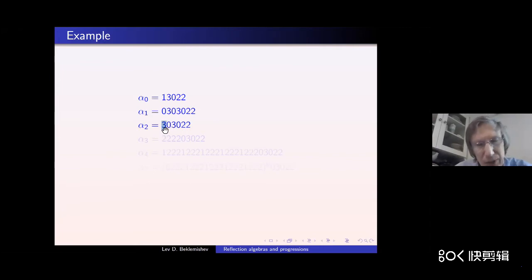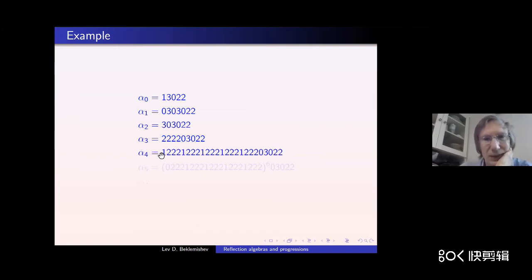So 3 becomes 2, and it is repeated now 4 times because now we are at stage 3 of the game. Okay, and so on. Similarly, we obtain the word alpha 4, where we have 1, 2, 2, 2 repeated 5 times, and alpha 5, where we have this whole prefix repeated 6 times, and so on.